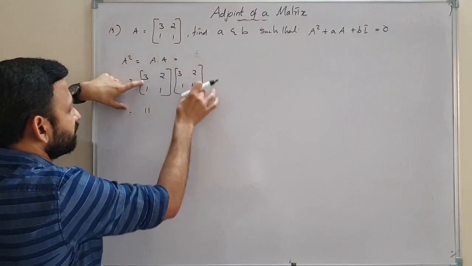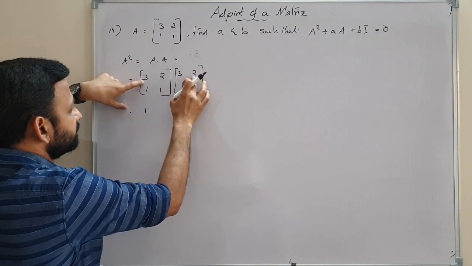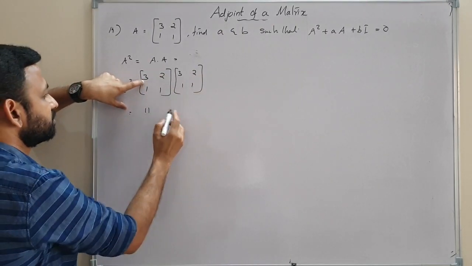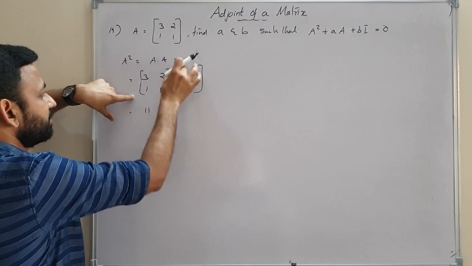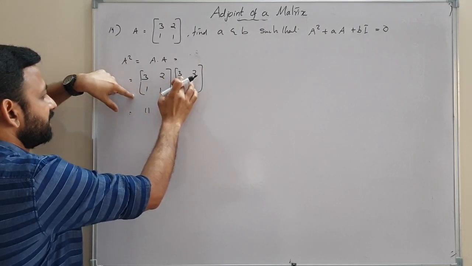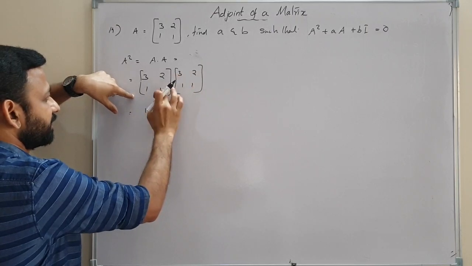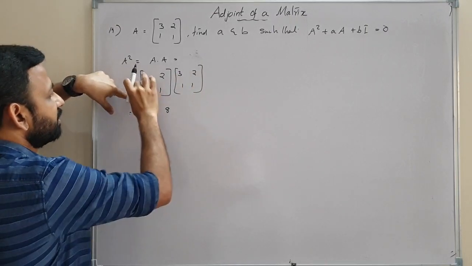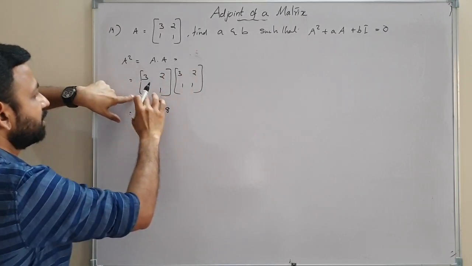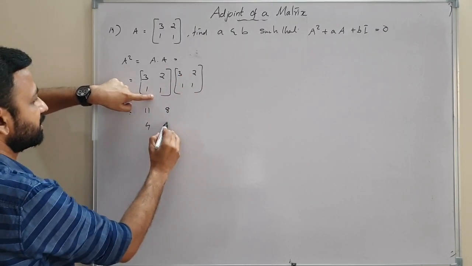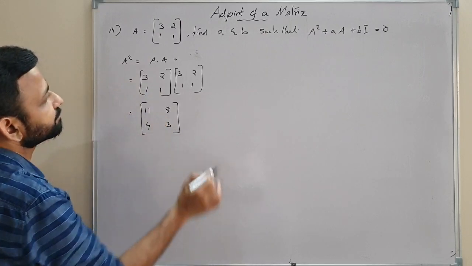Then first row into second column, 3 into 2, 6 plus 2 into 1, 2, that is 6 plus 2, 8. Second row into first column, 1 into 3 plus 1 into 1, that is 3 plus 1, that is 4. Second row into second column, 1 into 2, 2 plus 1 into 1, 1, 2 plus 1, 3. So now we got A square.